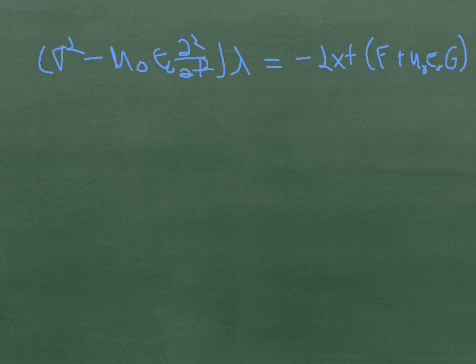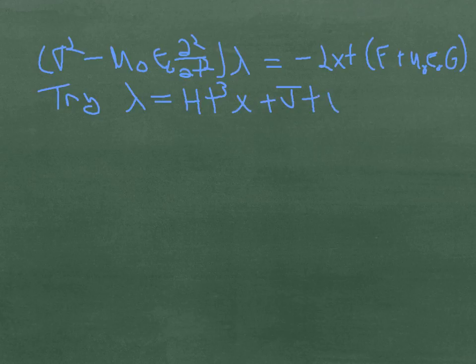So we're just going to solve this by inspection. What, when you take spatial derivatives, gives you x times t, and what, when you take two time derivatives, gives you x times t? We want x cubed times t to satisfy the spatial part, and t cubed times x to satisfy the time part. So we're going to try lambda equals h t cubed x plus j t x cubed.